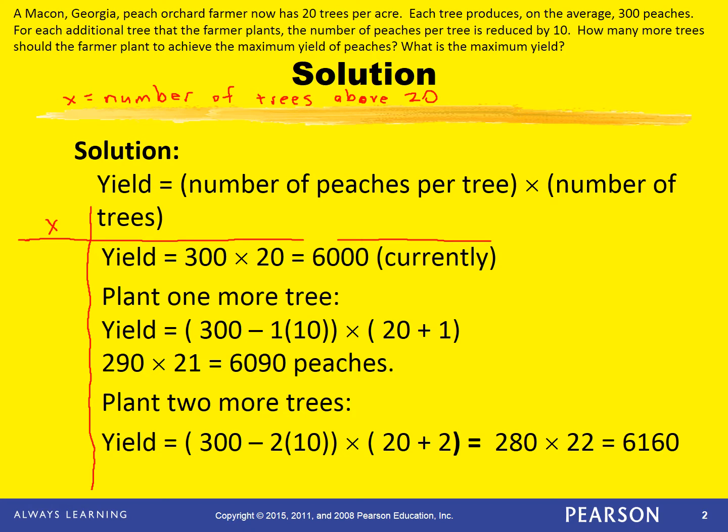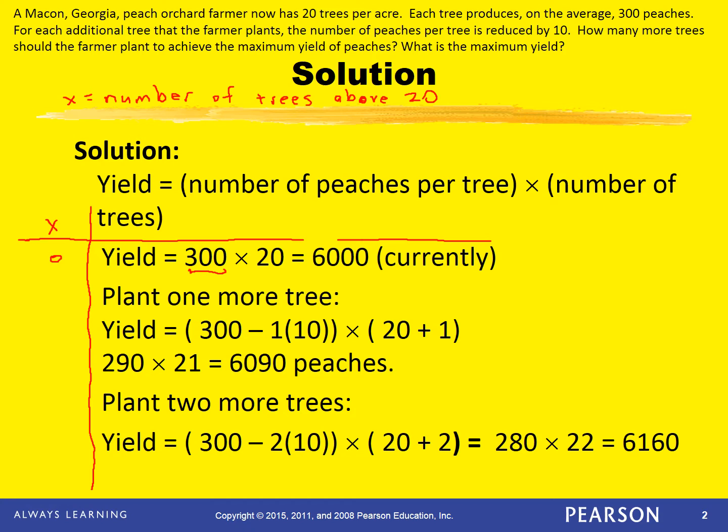Where in the first case x is 0, and so for x equal to 0, the y value is 6,000 peaches, right? Because this is 300 minus 0 times 10, times 20 plus 0.